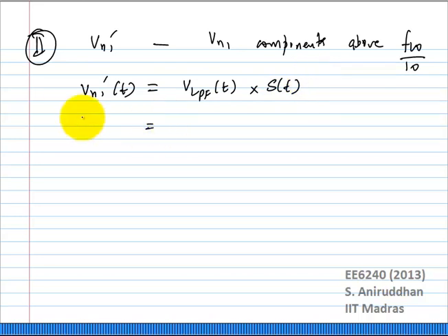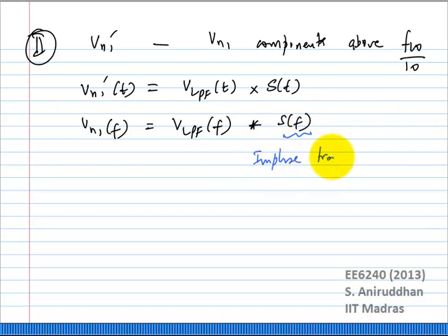And this VN1 of F is now going to be VLPF of F convolved with S of F. We have seen that S of F is nothing but an impulse train with a sinc envelope.